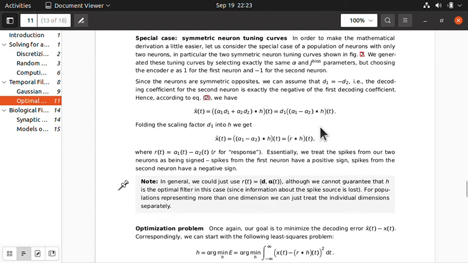Just for notation, we're going to write a1 minus a2, the difference between the 2 neurons, as r, for response. And that's the thing we're trying to find: what is the optimal h? What's our optimal filter?